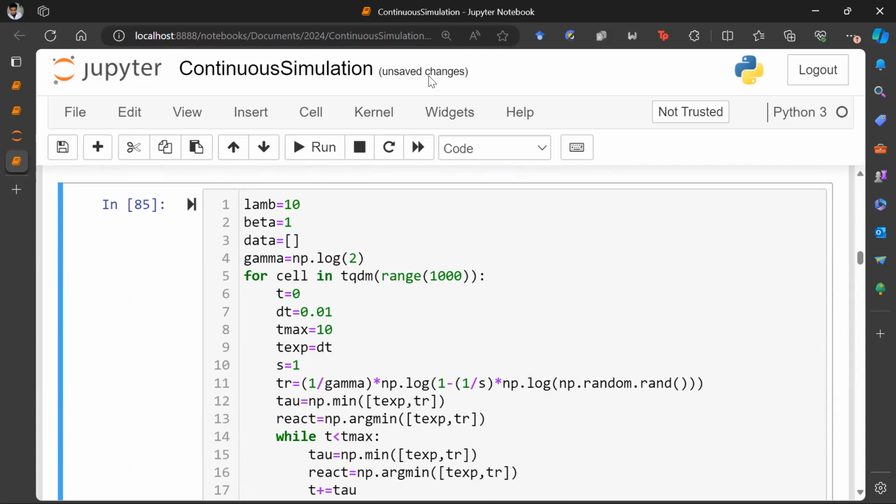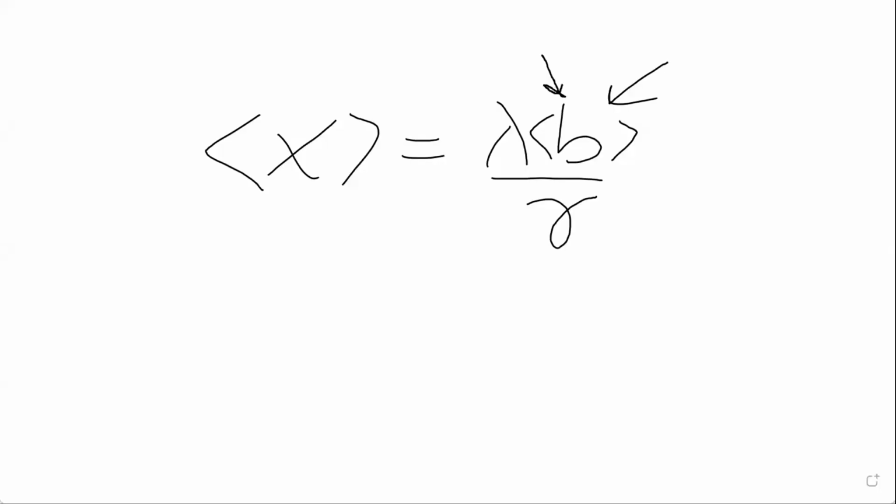So another system that we can model is the cell size dynamics. What's the idea? You have cells growing exponentially over time, and then they divide by 2.